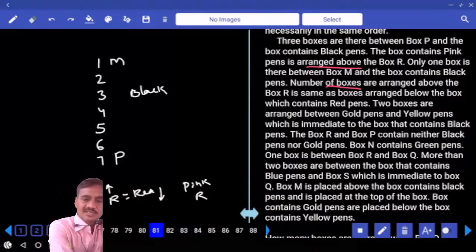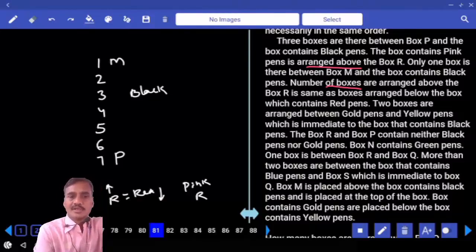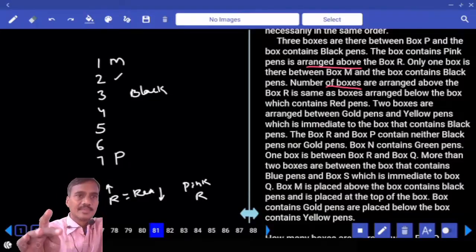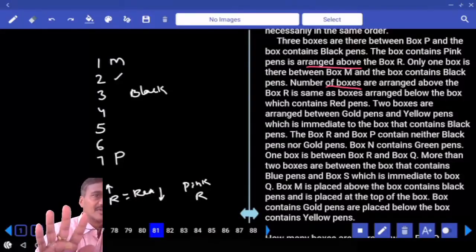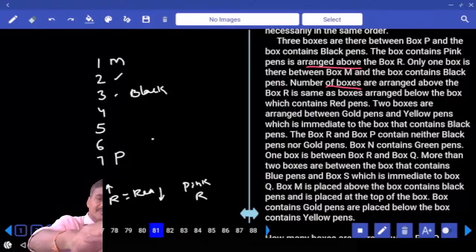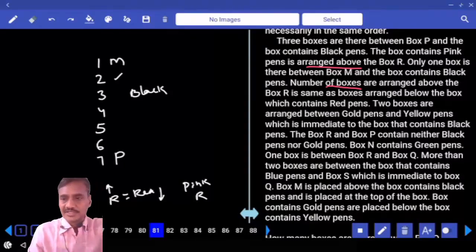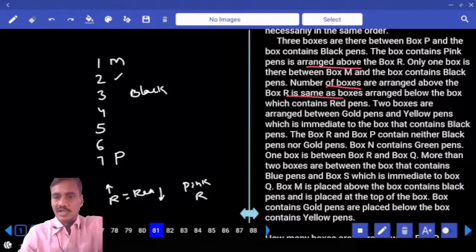Can we have R at the second place or not? Let's talk possibilities. Can R be here, in the second place? Yes. If R is here, where can red be? That is why he wrote it on the side. And next, is there any other crucial information? The number of boxes above R is the same as the number of boxes below red.